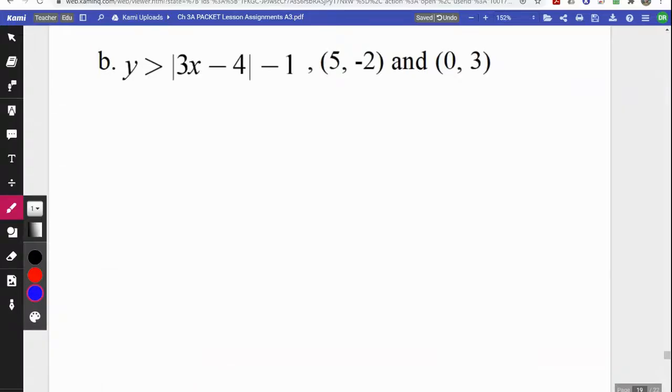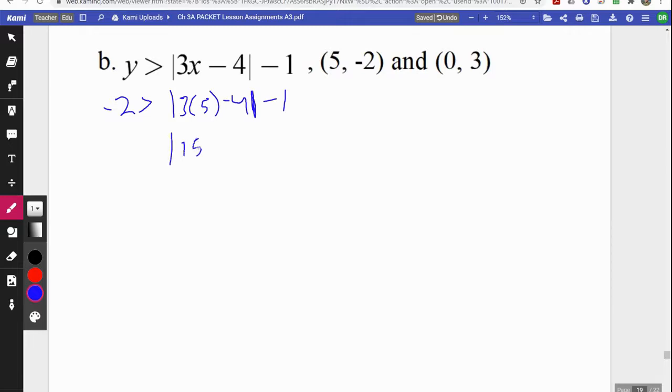All right. So we'll plug in 5, -2 into this absolute value. And the -2 would be for y. Absolute value, 3 times 5 minus 4, absolute value bracket, -1. We can simplify this. I'm really only working on the right side, so I'm just going to stop rewriting this and I'll save it till the end.